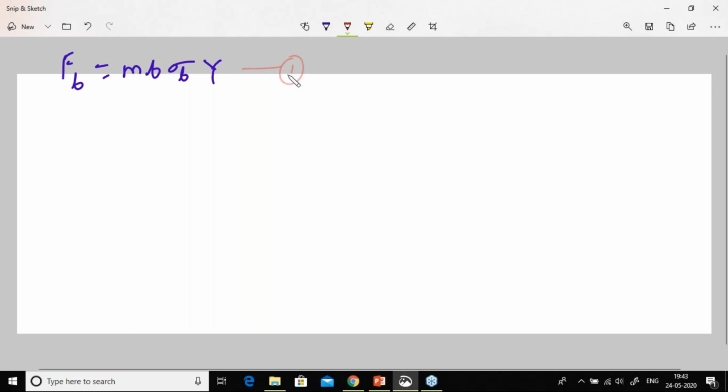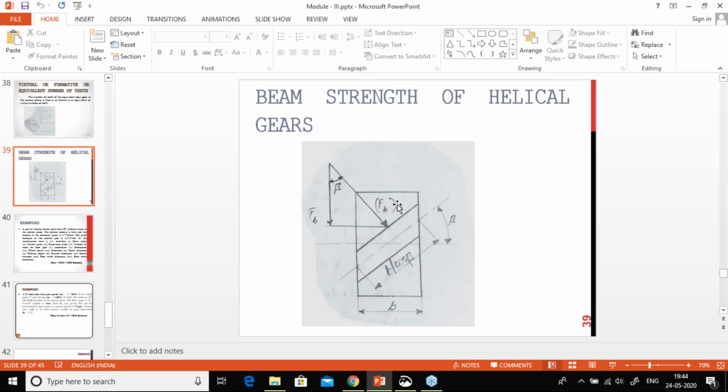This is the beam strength of the spur gear. This equation is applicable to the formative spur gear. Now, in this diagram, instead of FB, FBN is there. That is called as beam strength perpendicular to the tooth element. This FBN is perpendicular to this tooth element.